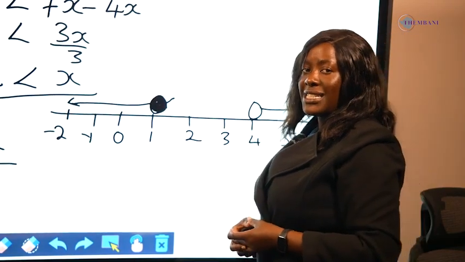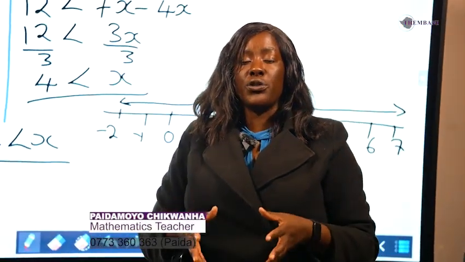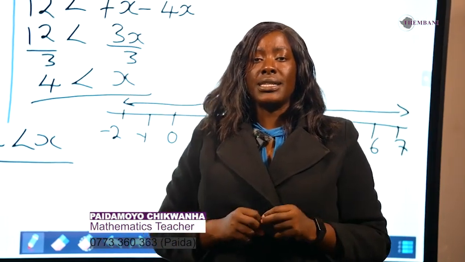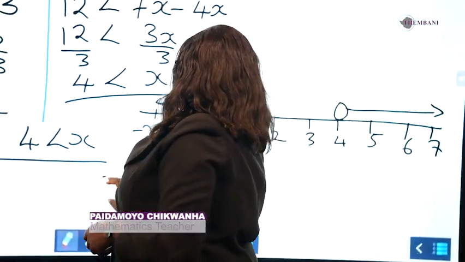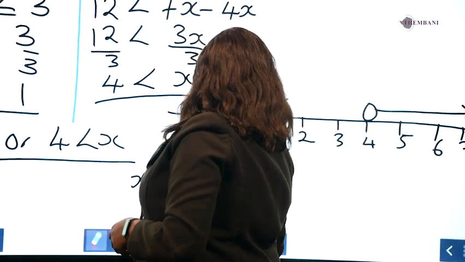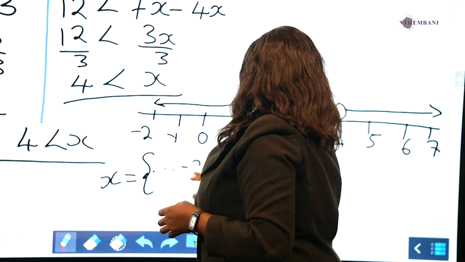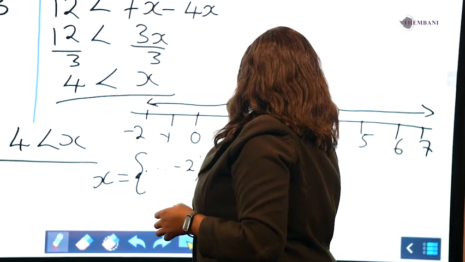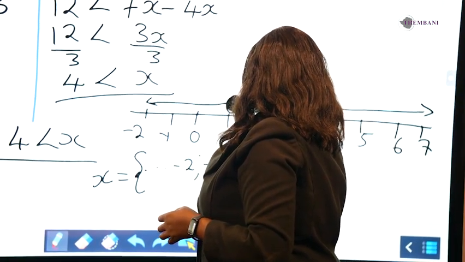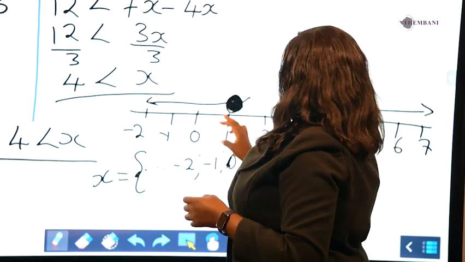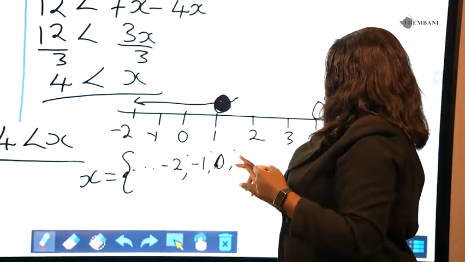Then for our solution set, we are again using the concept of union, where we are combining the two sets together. So we are saying x is equal to our values from and so on, minus 2, minus 1, 0. In this case, we are also including the 1 because we have shaded.